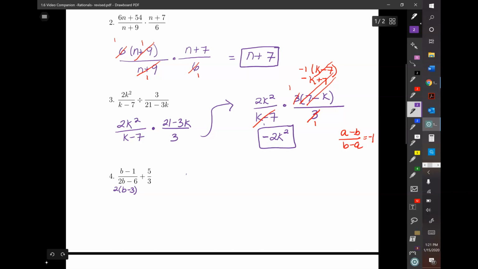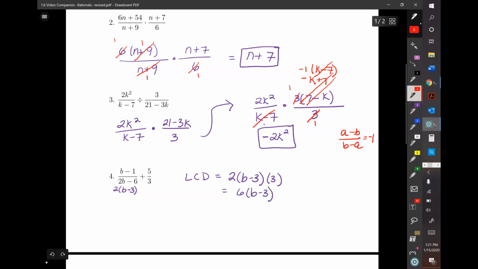So my LCD for this, or my lowest common denominator, is the product of the distinct factors. So I would have 2 times b minus 3, and then times the 3 on the second fraction. So my LCD is 6 times quantity b minus 3.